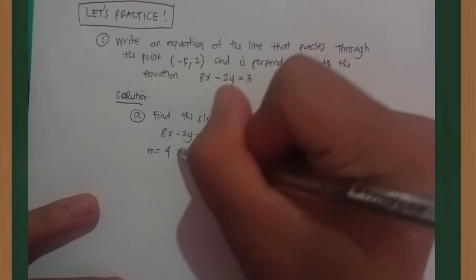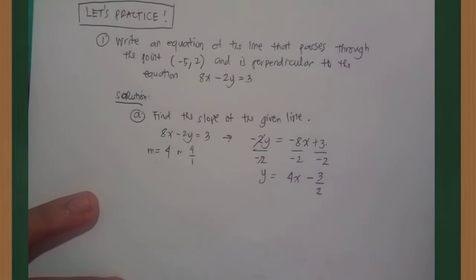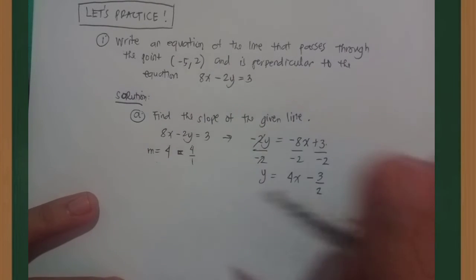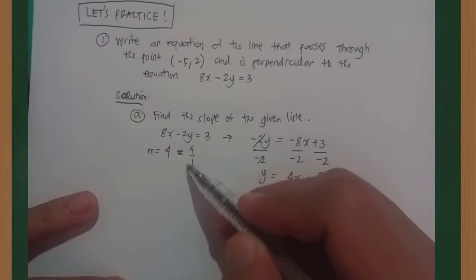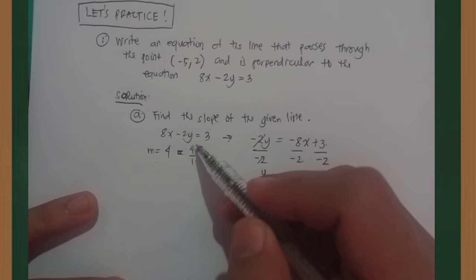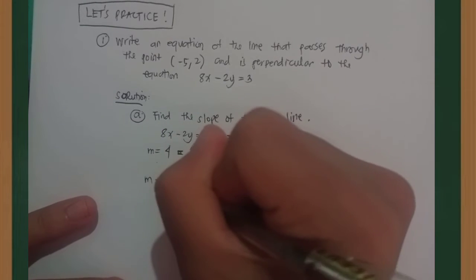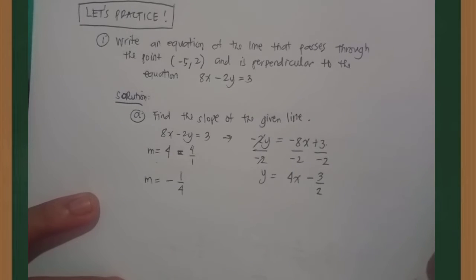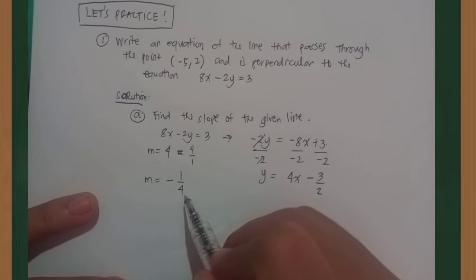We all know that 4 is just the same as 4 over 1. Please take note. The negative reciprocal of 4 over 1 is negative 1 over 4. Did you get me? So the negative reciprocal of 4 is negative 1/4.